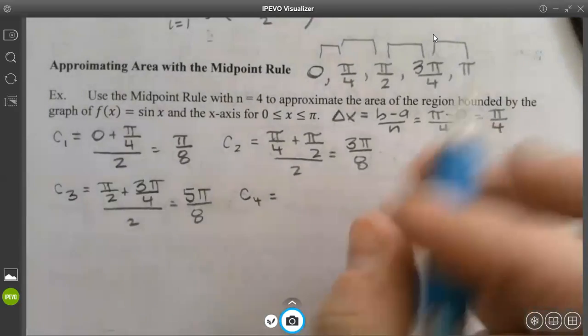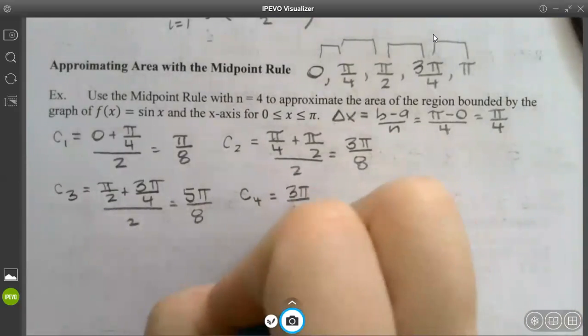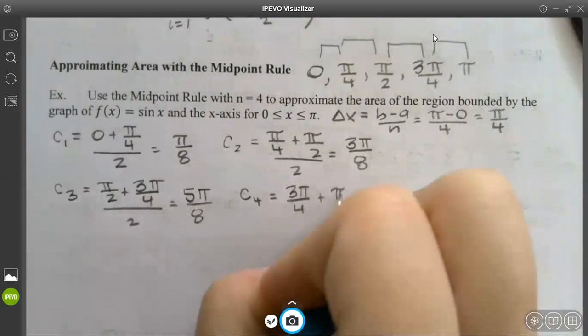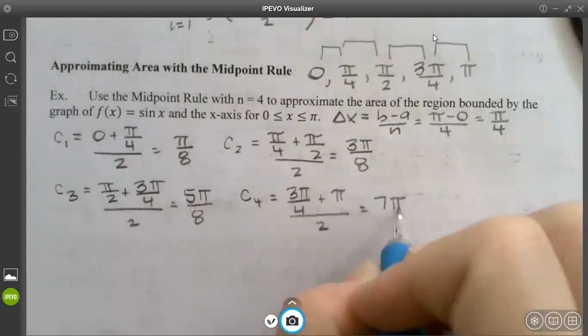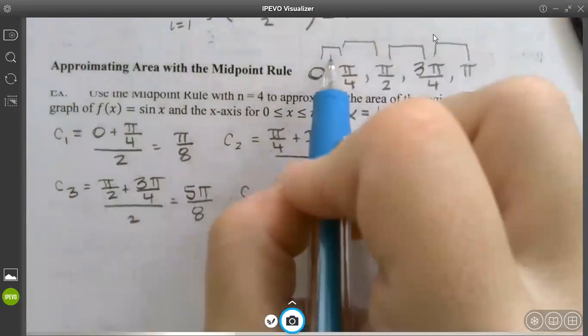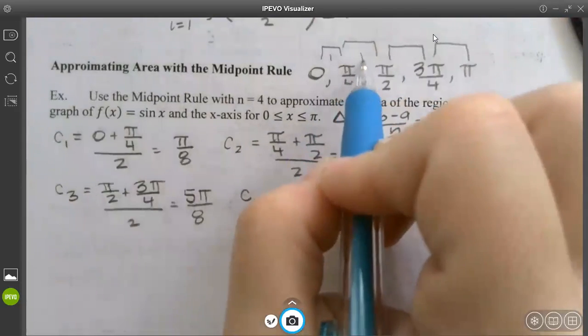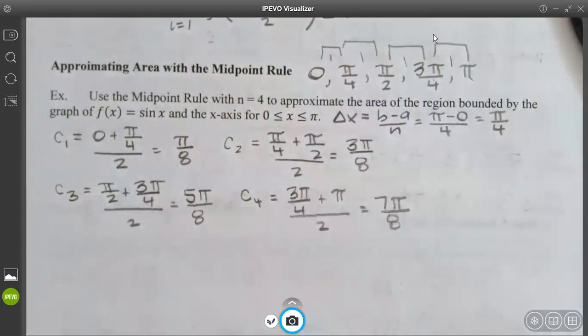Fourth rectangle, what are your endpoints? Divide that by 2, and you get 7 pi over 8. Realize if you split these into fourths, the midpoints will be 1/8, 2/8, 3/8, 4/8, 5/8, 6/8, 7/8, 8/8. You can do it that way as well, but I just want you to have all of the information, so if you get something weird, okay?